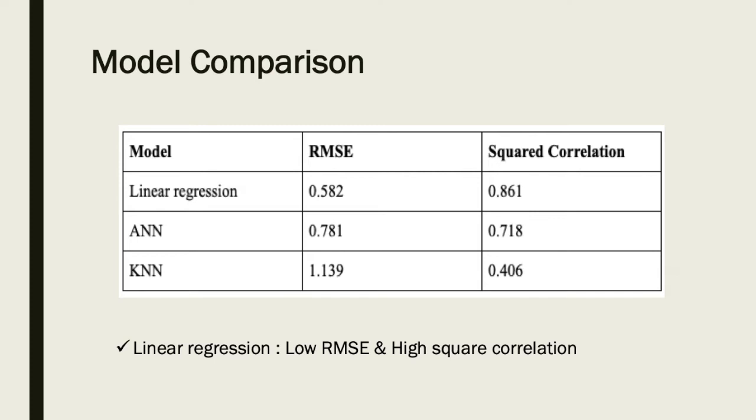As the table showed, we used 3 models: linear regression, artificial neural network, and k-nearest neighbors. Comparing the 3 models, the linear regression model has the smallest RMSE of 0.582, which means this model provides the most accurate prediction of this data set. Therefore, the linear regression model will be used as the analytic model in this case.